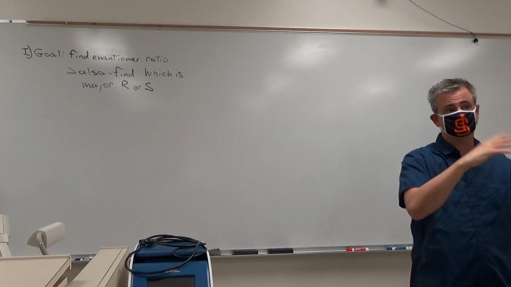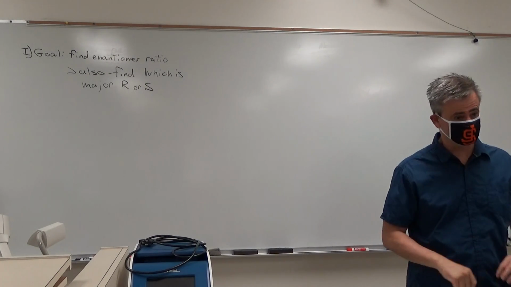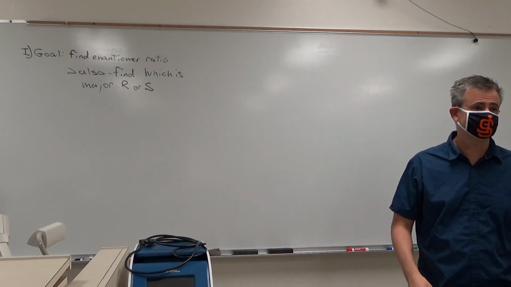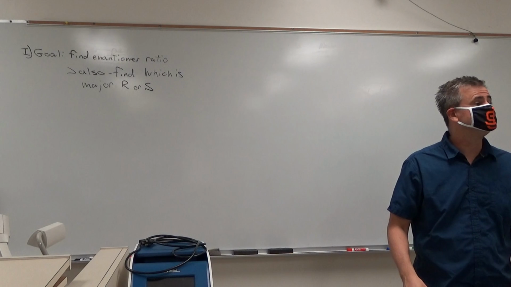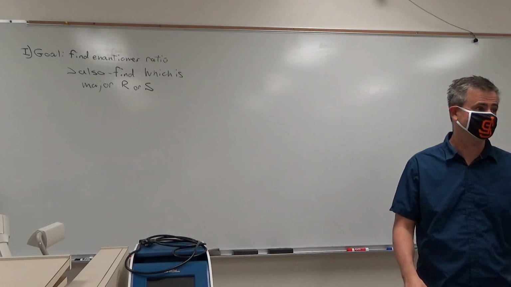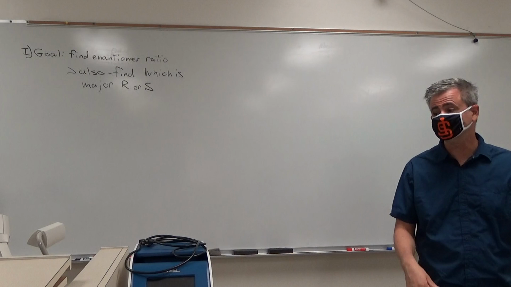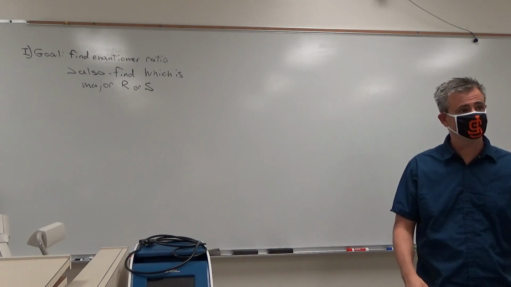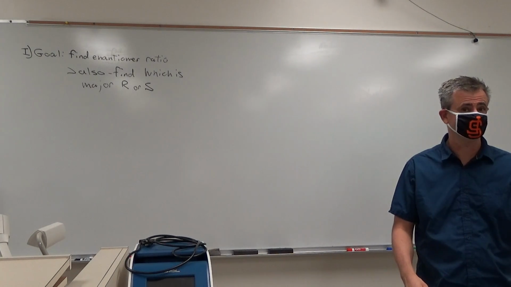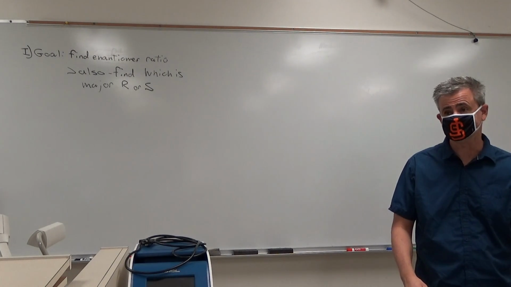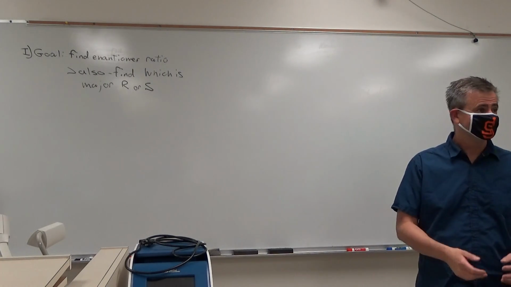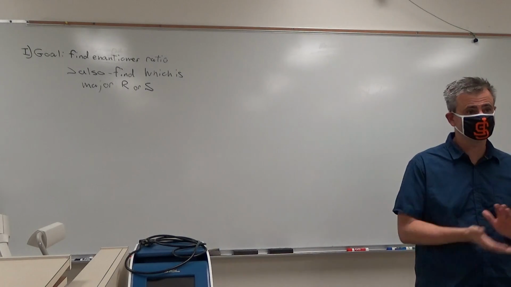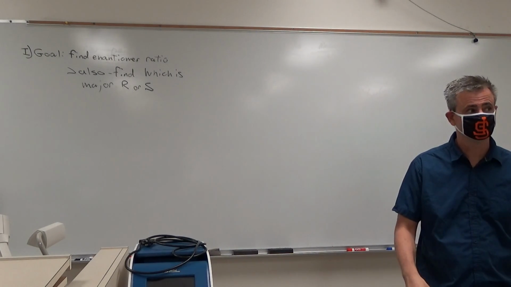That's going to be important because, as we're going to see, what you directly get from examining the results of your polarimetry is percent EE. After we go over this, you'll be able to go from percent EE to ratio, which is the ultimate goal. Make sense?